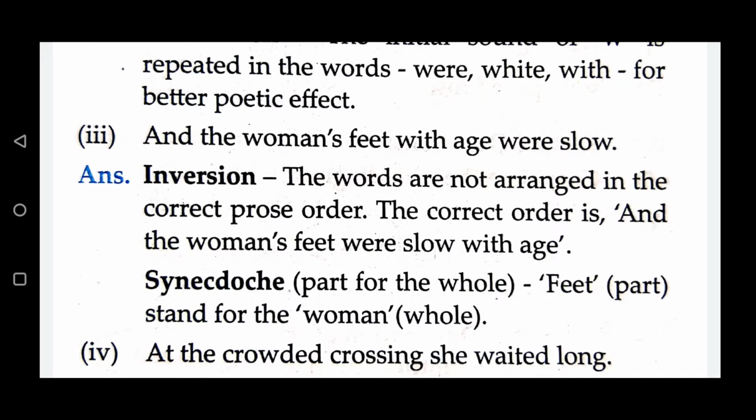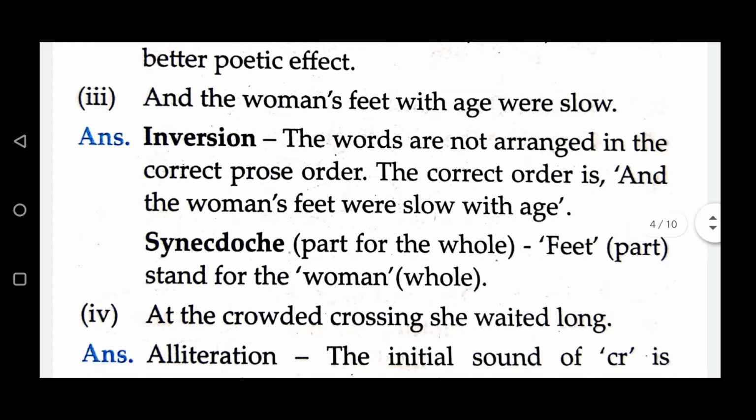Then synecdoche, part for the whole. Feet, which is a part, stand for the woman, the whole, in the line and the woman's feet with age were slow. So feet here stands for the whole woman and therefore part for the whole, synecdoche.